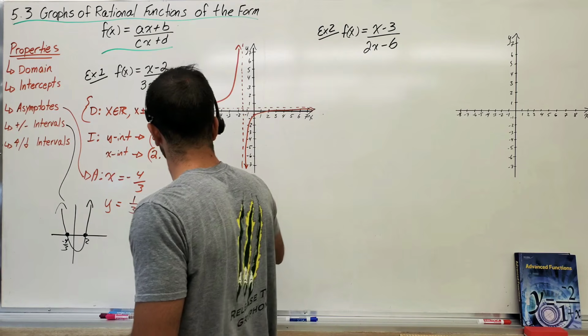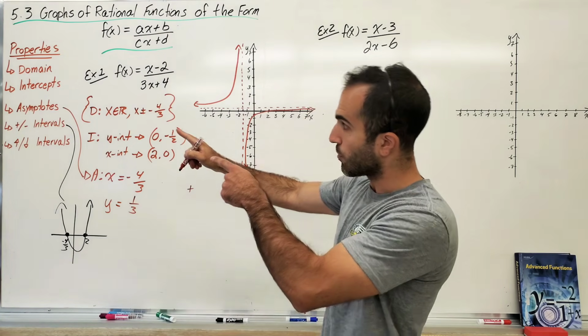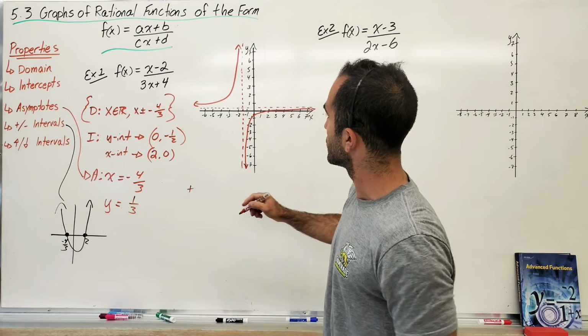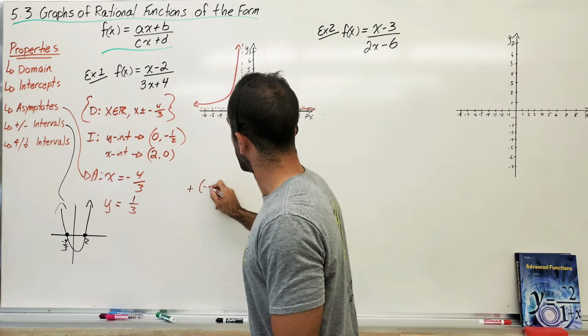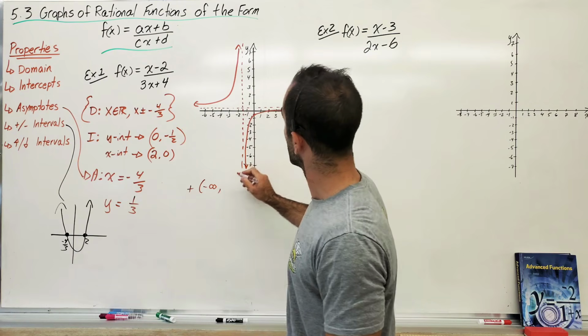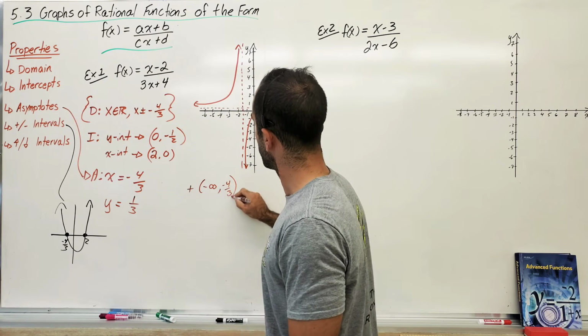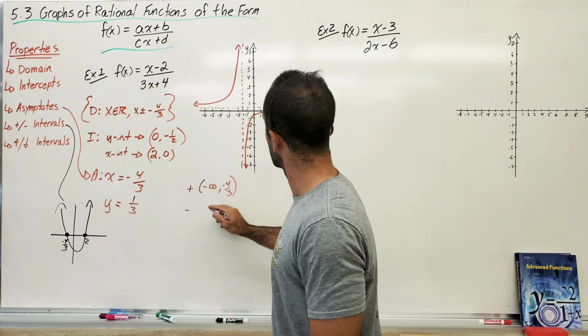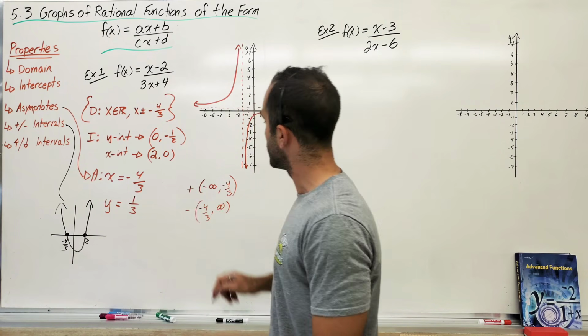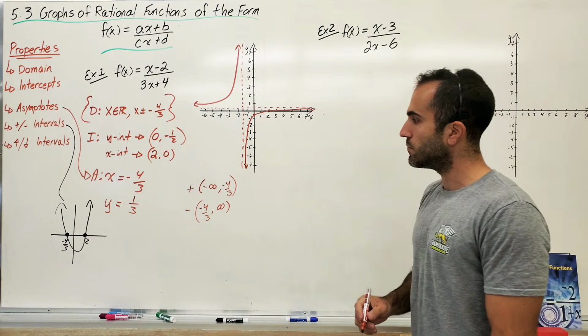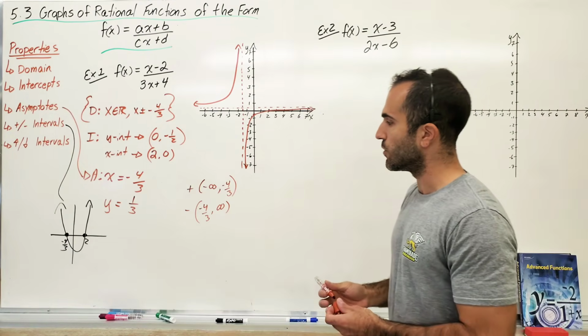So I'm going to use interval notation for the positive negative intervals and the intervals of increase and decrease. So it's positive from -infinity to -4/3, and it's negative from -4/3 to infinity. Like set notation, interval notation, whatever you want.